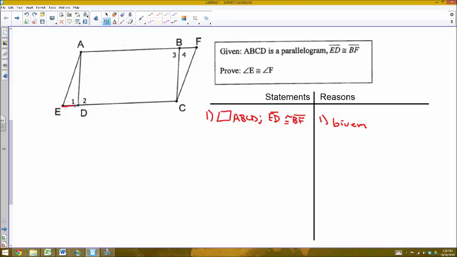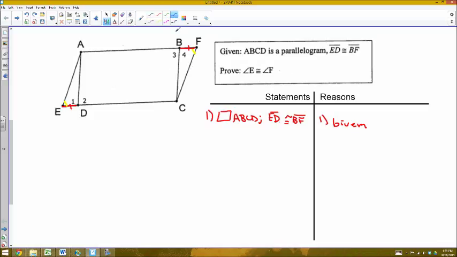So I'll highlight those parts, and I'll see what other parts of the parallelogram I might want to use. So again, also my goal is to show that angle E is congruent to angle F. So my suggestion to you would be that if I could somehow prove these triangles congruent, ADE and CBF, then I would be able to conclude that using corresponding parts.